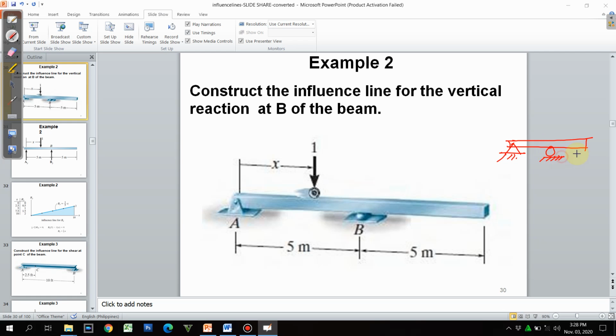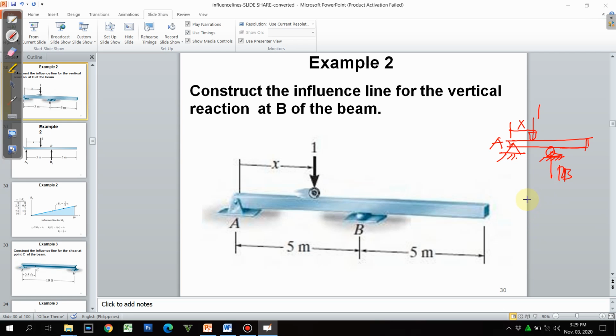Notice that your roller is not placed on the far end, so there will be an overhang portion here. Just the same, we are going to place the unit load measured from A at x, and then solve for the corresponding reaction at B.